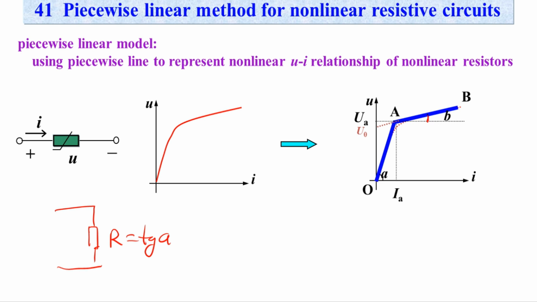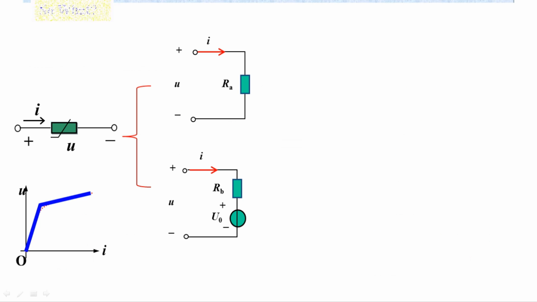The resistance of the resistor is tangent B. The value of the voltage source is U0, obtained from the intersection between the reverse extension of this line and the U-axis. So we know the corresponding characteristics of line AB are a voltage source and a resistor. The value of the voltage source is U0 and the resistance of the resistor is tangent B.